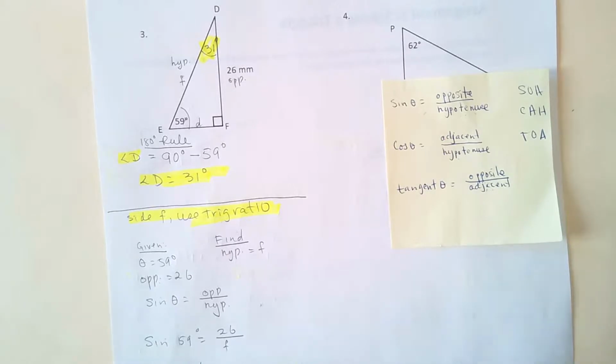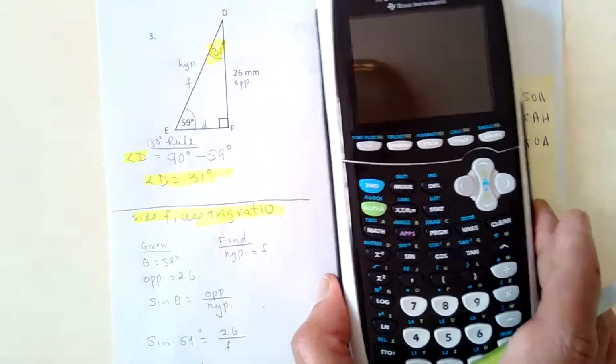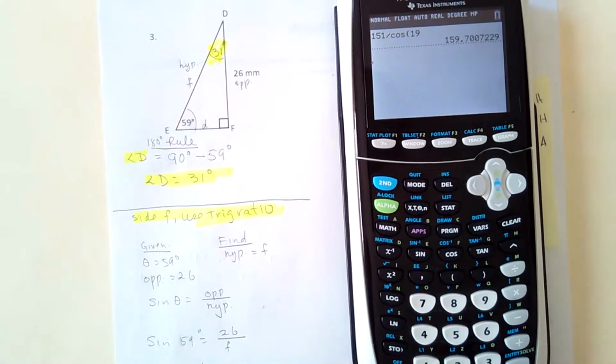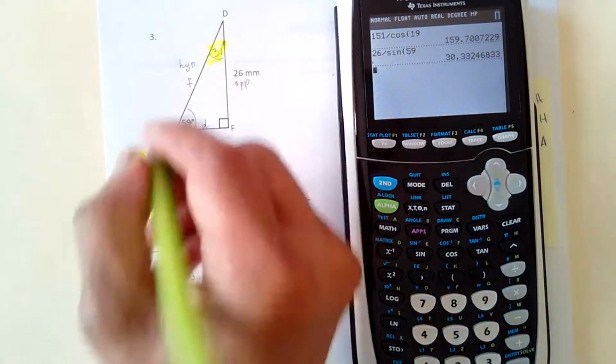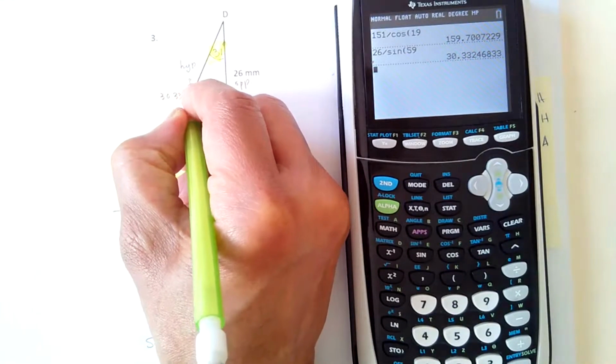So F is equal to, my calculator here, 26 divided by sine 59 gives me a measure of 30.33 millimeters. So this is 30.33 mm.